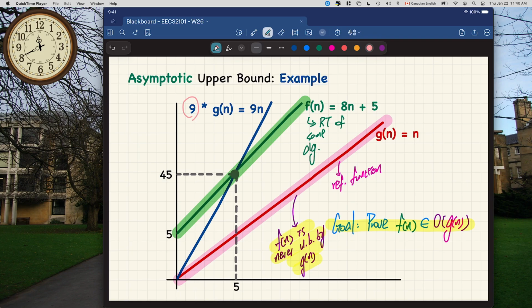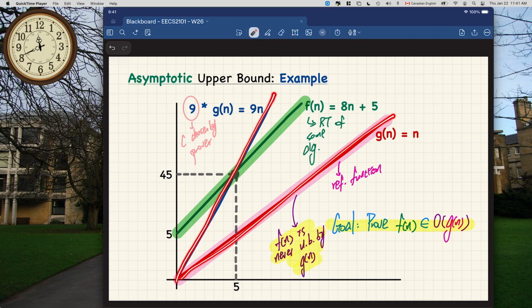So this is the c chosen by the prover, which will be you. Once you have chosen that, you can see that it's going to modify the slope of g of n, from here to something steeper right here. As soon as we have that, we know that there will be certain points starting from which we're going to get upper bound effects.